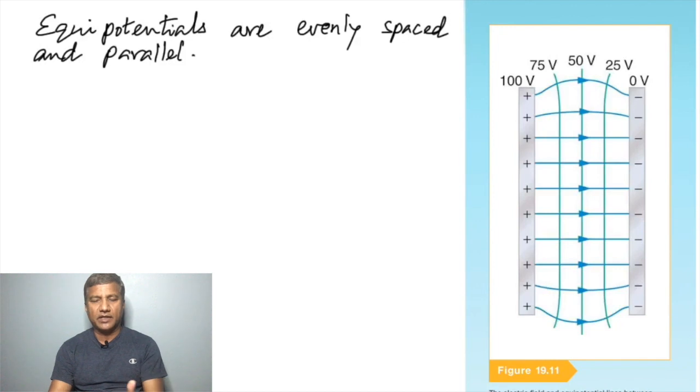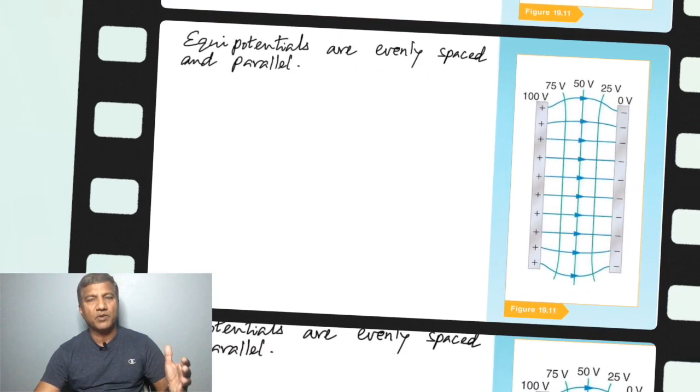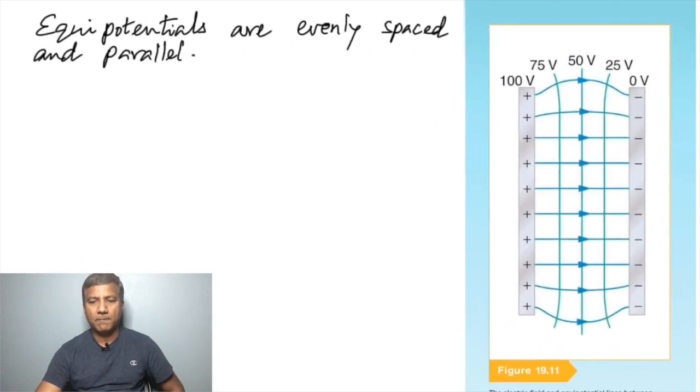As shown in this diagram, between 2 plates that are evenly spaced and parallel, this is the negative plate, and as already explained, the potential at a negative plate is taken to be 0 volt. As you move to the positive plate, you can see that the voltage increases, and at the positive plate it becomes 100 volt.